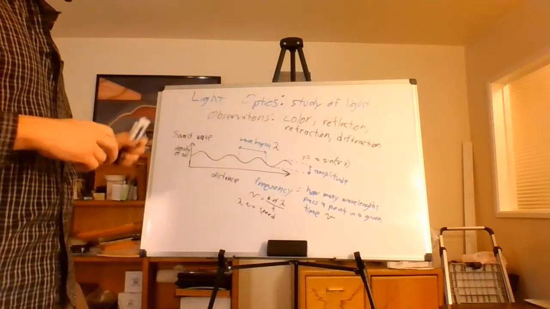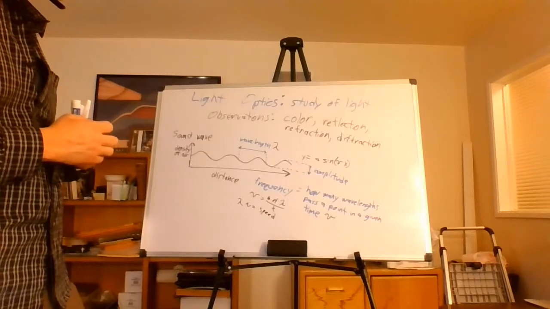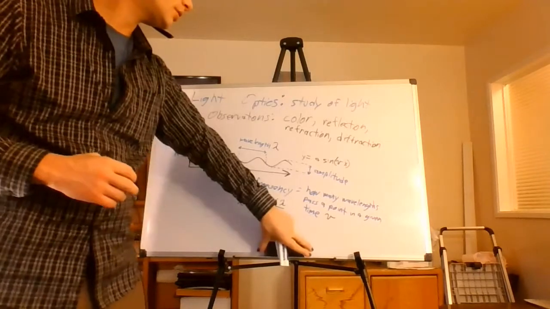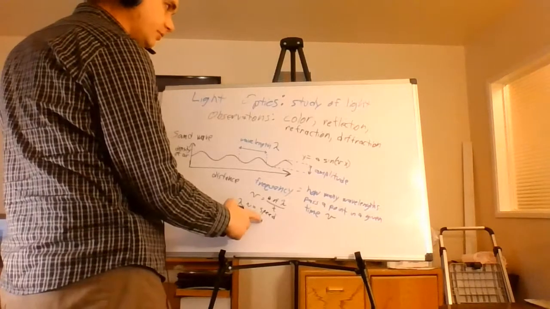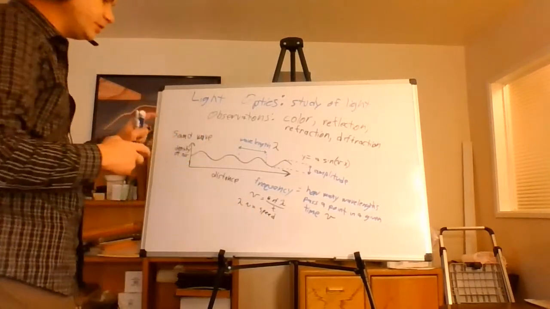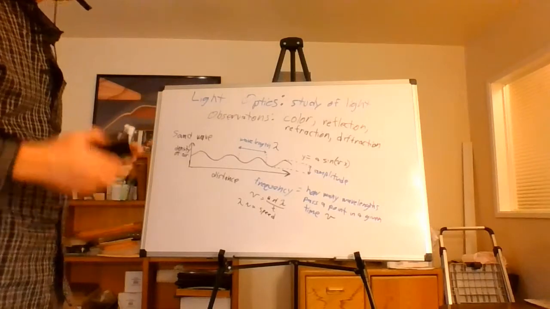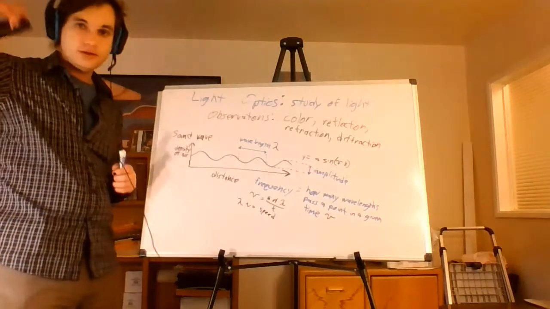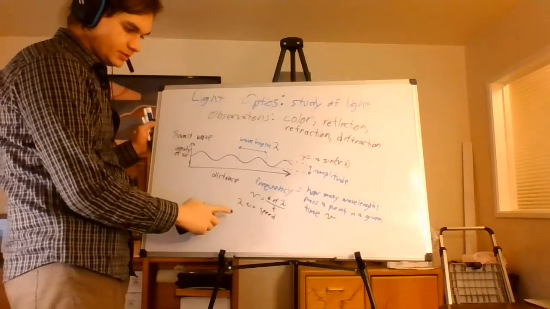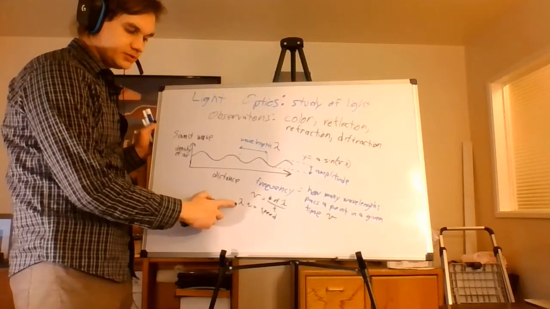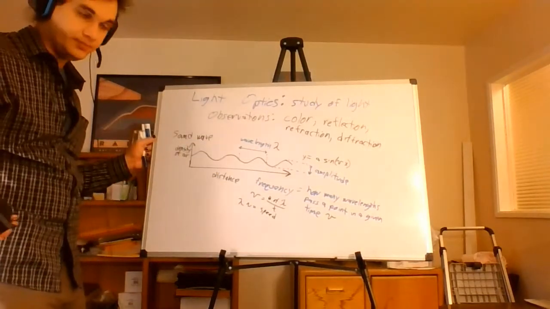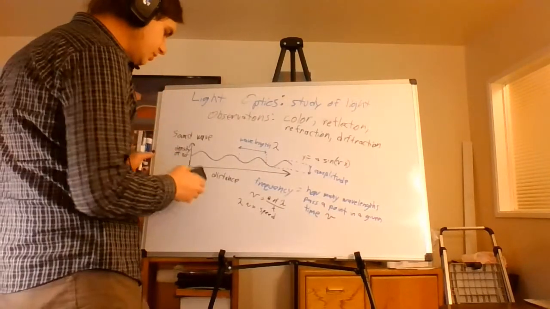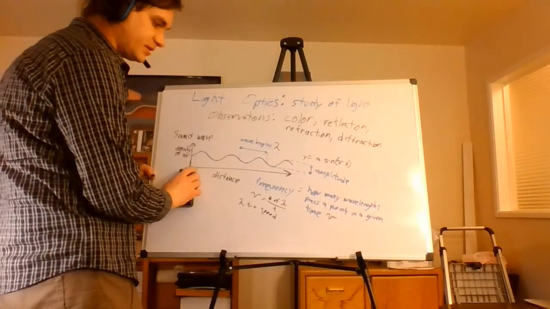I gave an example here of sound waves, but if you look at this as light waves, then the wavelength times the frequency is the speed of light in a given medium.